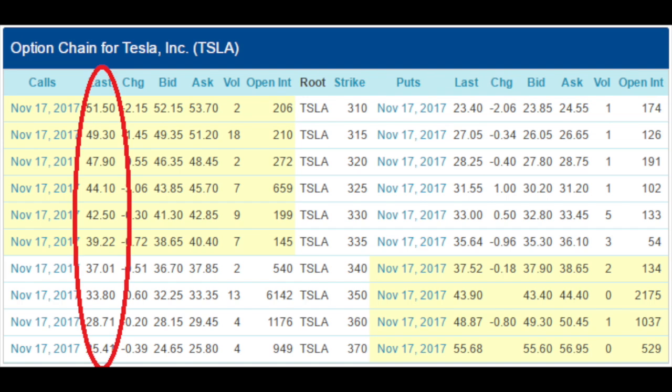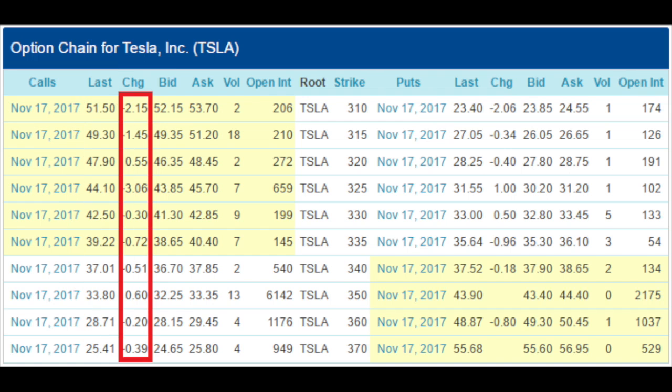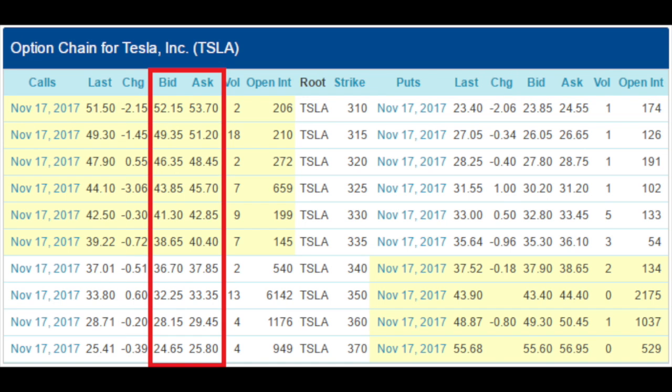Column 2 shows the last price, or the so-called premium, paid for the specific option. Column 3 shows the last change in the price of the option from the previous trading day. Columns 4 and 5 show the bid and ask at the current moment.